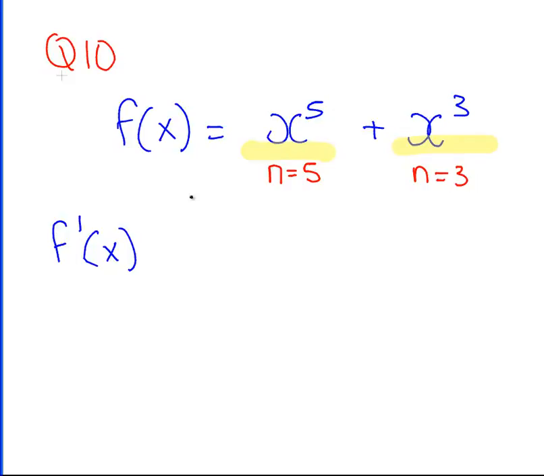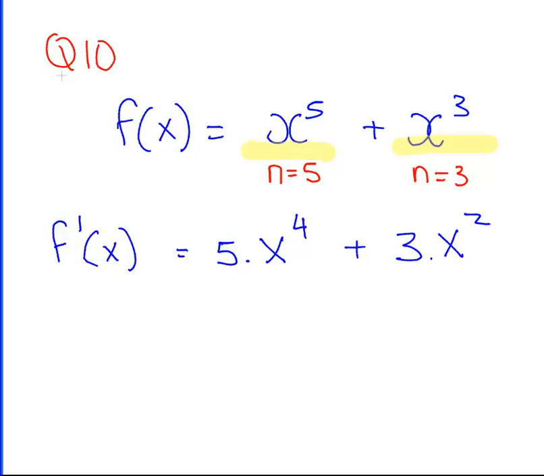Remember n is 5, so 5 times x to the power of n minus 1, so that's 5 minus 1, or in other words 4. Plus, for the second one n is 3, so 3 times x to the 3 minus 1, which is 2. So that's the answer to question 10.